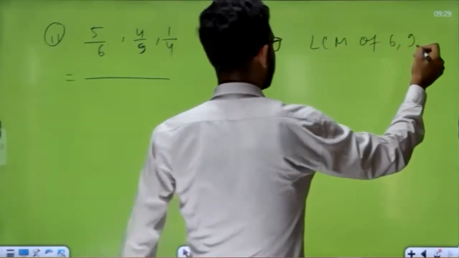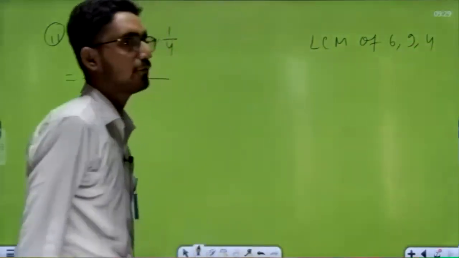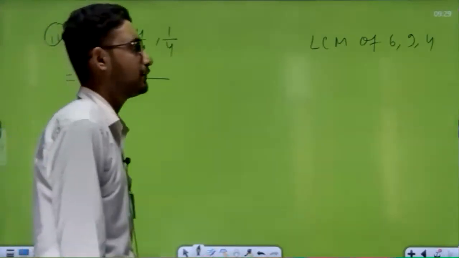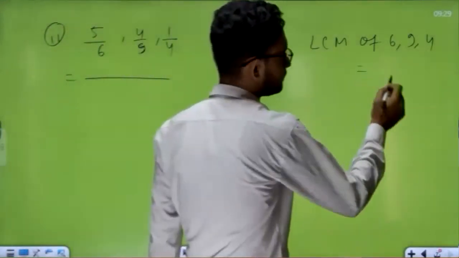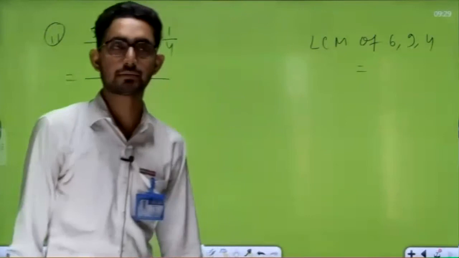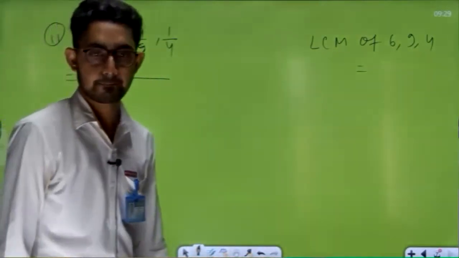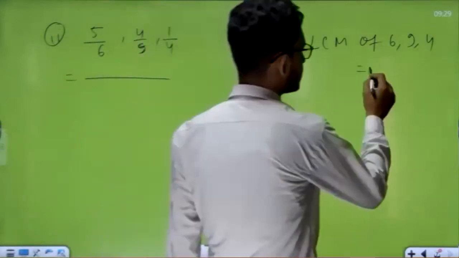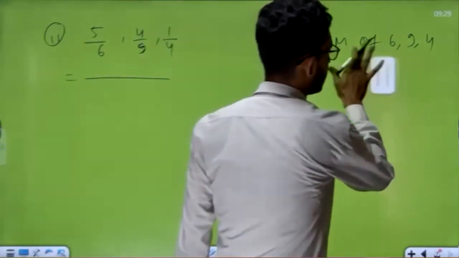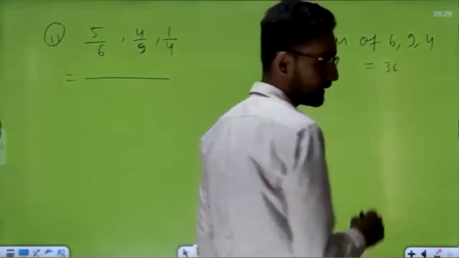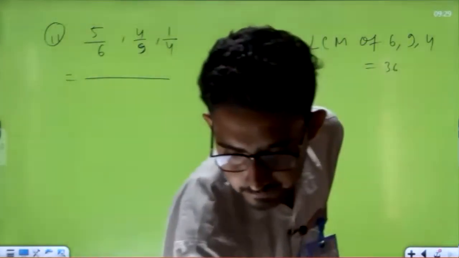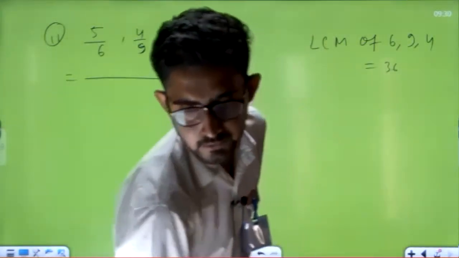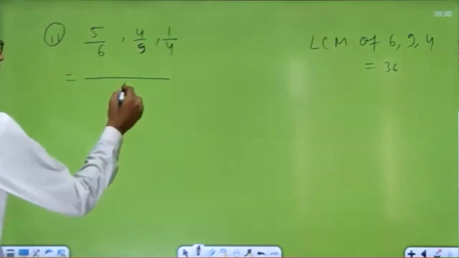LCM of 6, 9 and 4. What is the LCM of 6, 9 and 4? Yes, 36. Okay, now 36 is the LCM.